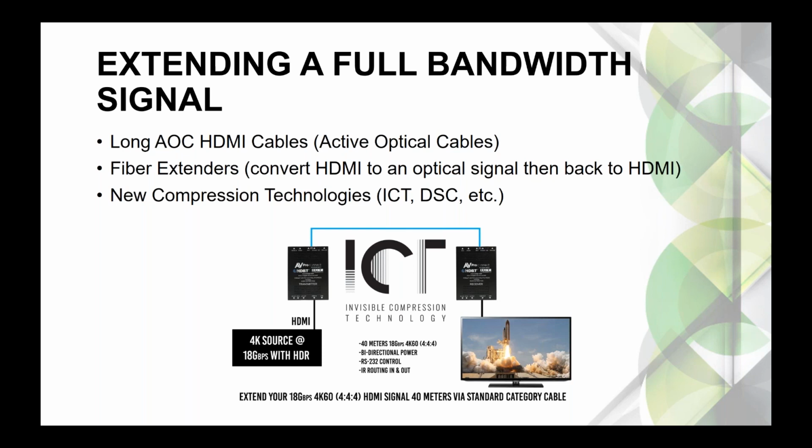And those work with this field terminatable fiber, which you're probably starting to see. Clearline is a really favorite of ours that has field terminatable fiber with a special patented polymer that makes it easy and safe to terminate in the field, even faster than you can do category cable.